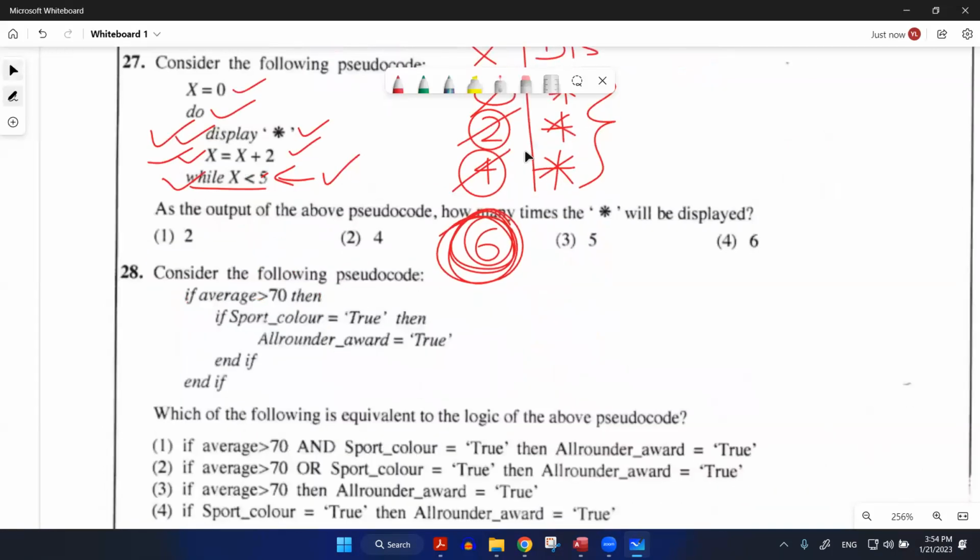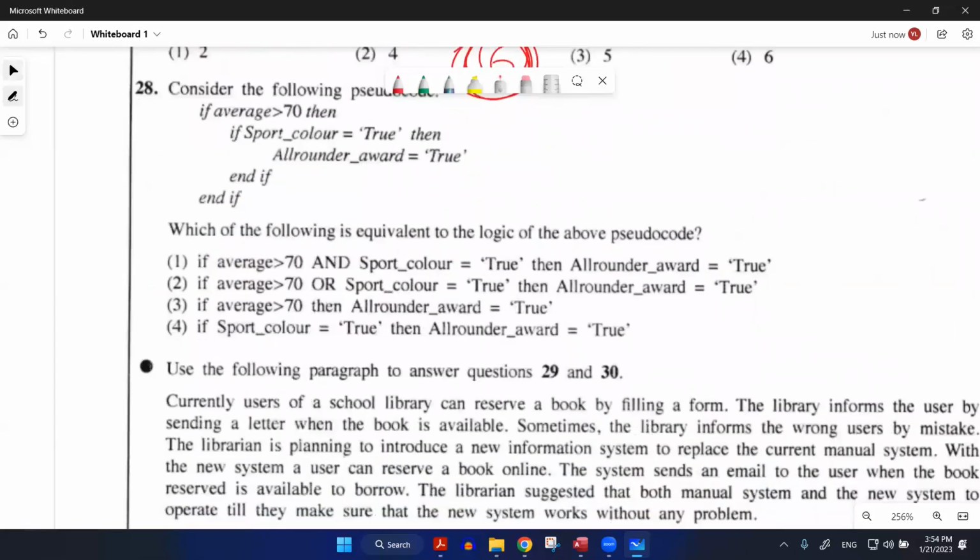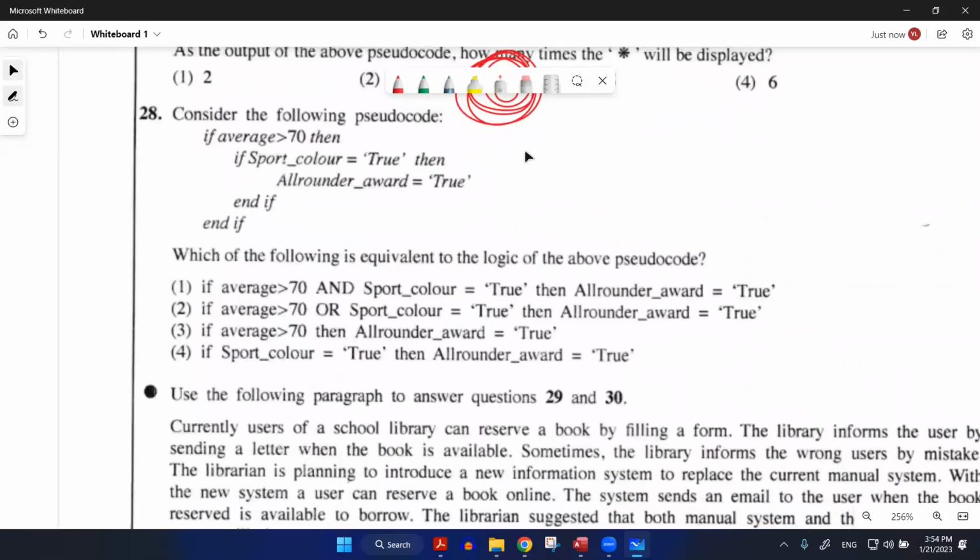28, the question is, consider the following pseudocode. It says, if average larger than 70, then if sport color equals true, then all-rounder award equals true. They're asking what's going to be the equivalent logic for the above pseudocode. So the average is larger than 70. This should be correct to come to the next if.